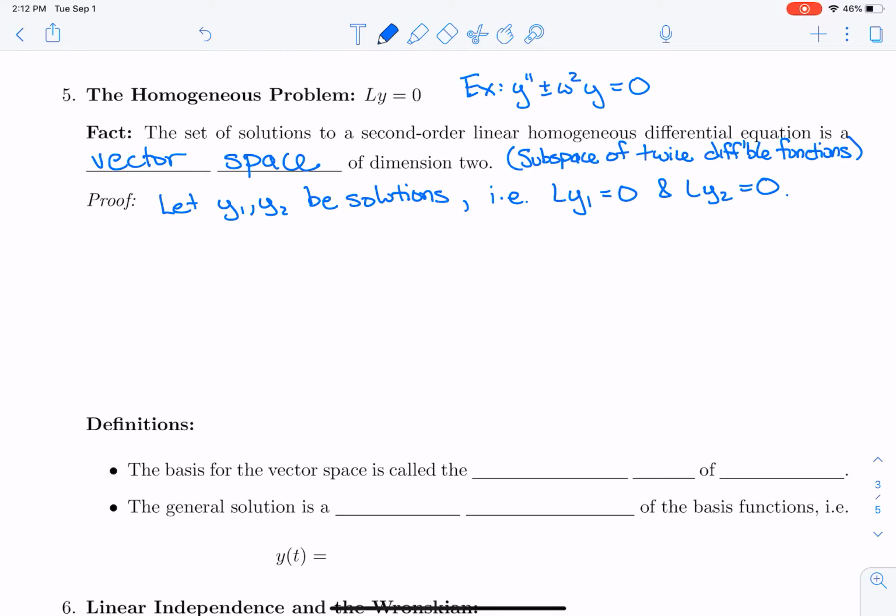Okay, so if we have two solutions, then if we do L done to the sum of those two solutions, then that's actually L done to y1 plus L done to y2, but each one of those is 0. And that shows that y1 plus y2 is in the vector space.